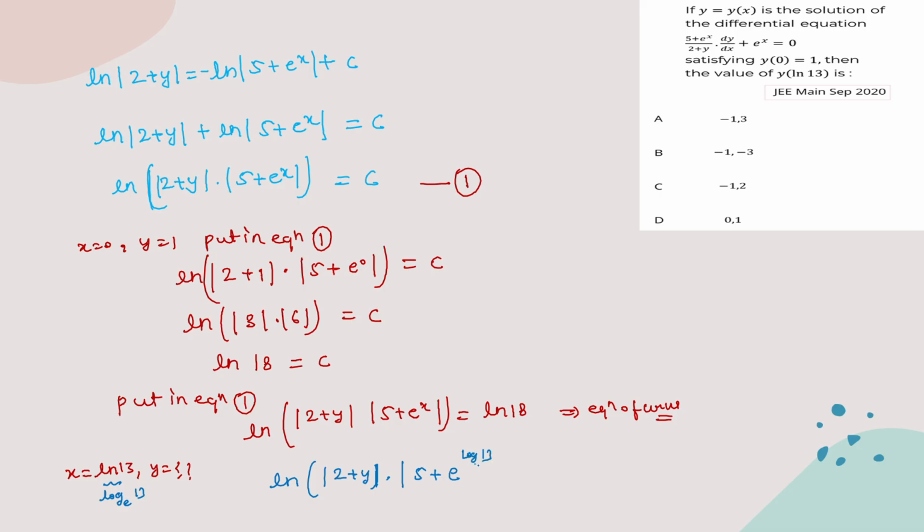Log 13 base e is equal to ln 18. So this value will become, base and base are same, so it will become 13 only. 13 plus 5, that is 18. So when you solve it, it will become ln of mod of 2 plus y into 18 is equal to ln 18.